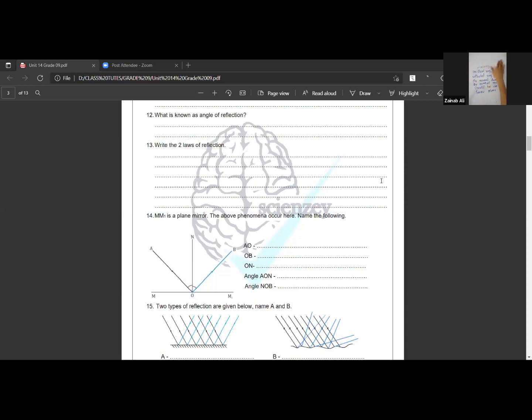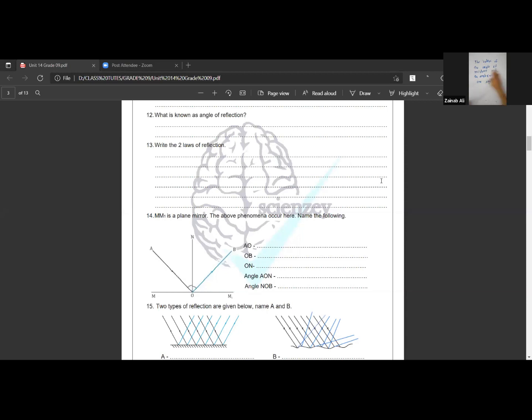So the second law is: the values of the angle of incidence and the angle of reflection are equal.